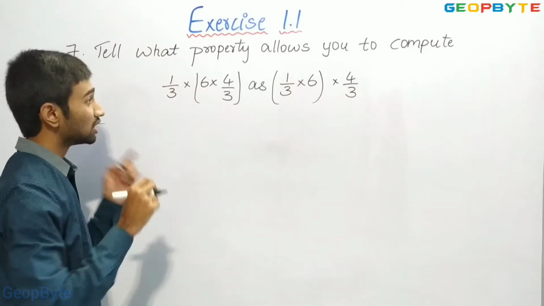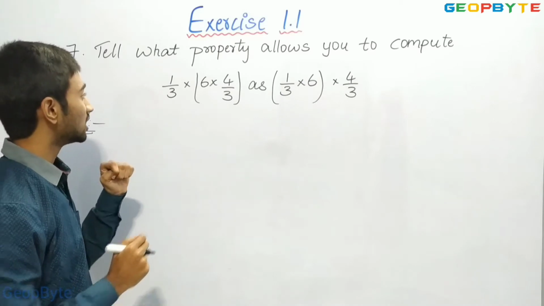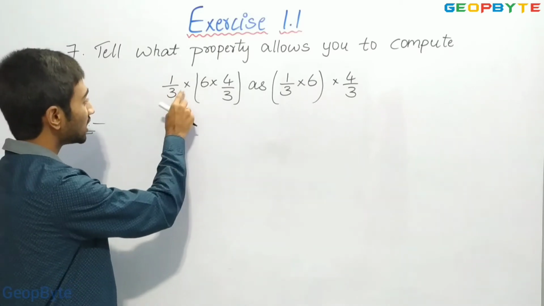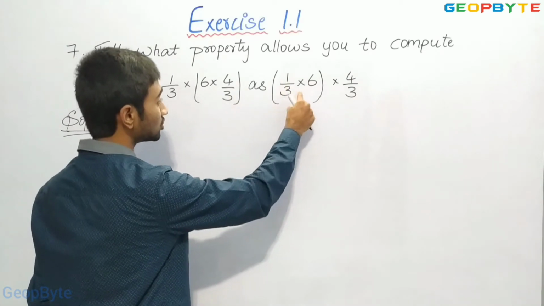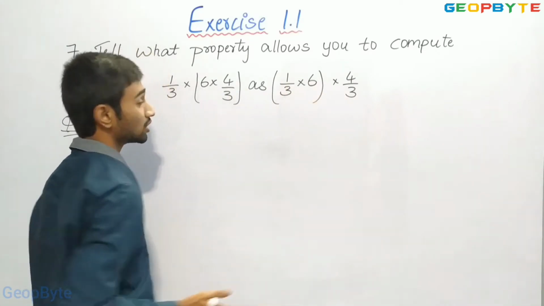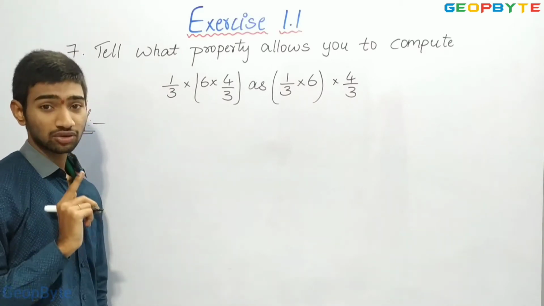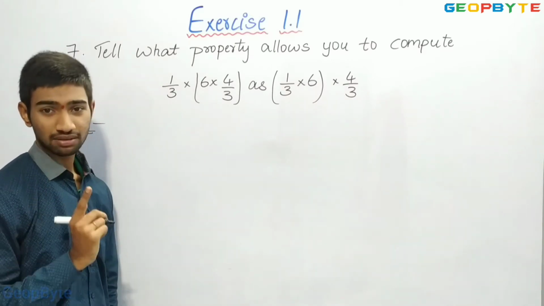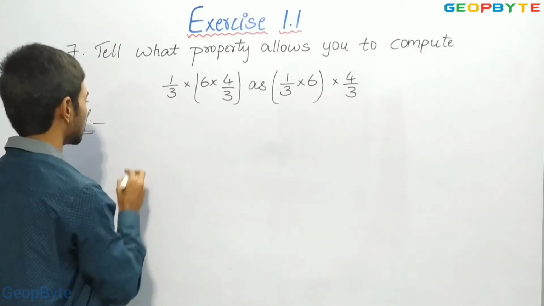So here we need to find the property. Here we can observe that it is in the form of A into B into C is A into B into C. So associative property is given as A into B into C is equal to A into B into C.